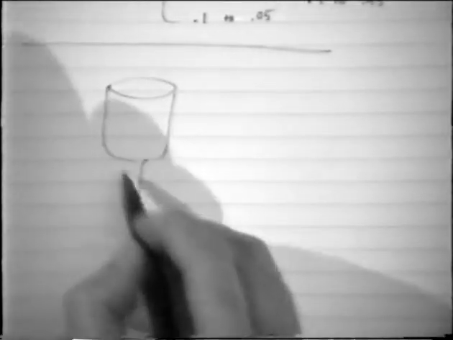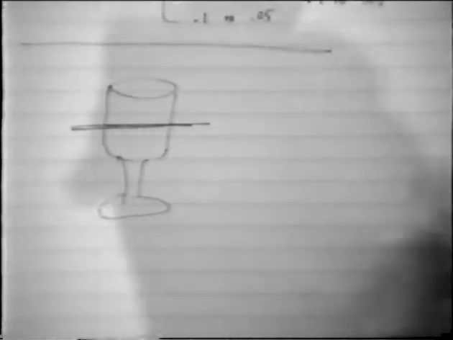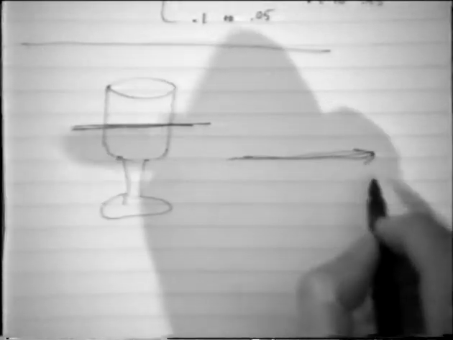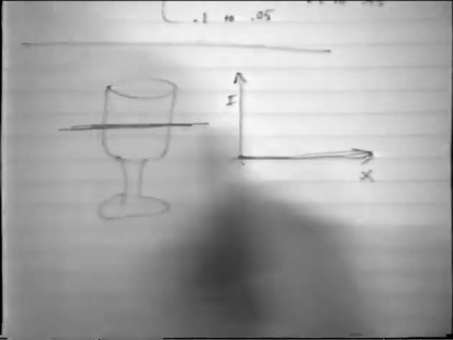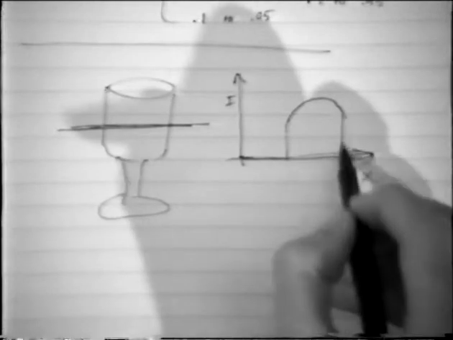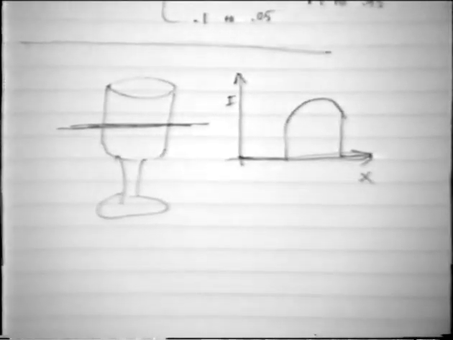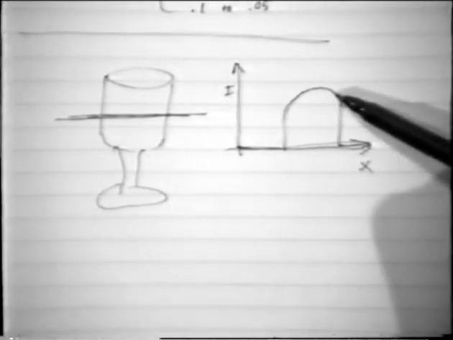If you look at the perfectly smooth goblet that you would like to draw here, and imagine one scan line going across this thing, and plot the intensity along that scan line, with the x direction here and the intensity axis here, we'd be black until we got to the surface, and it would suddenly jump up, do some smooth curve, go down to some other value and jump down to black again, right? So this is the ideal intensity profile that we would like.